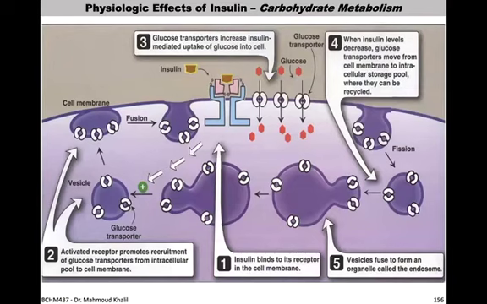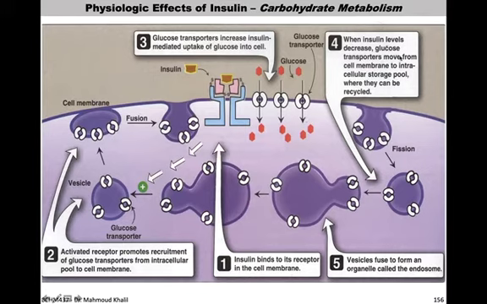Again, this figure shows the same process. You can see here, starting with the binding of insulin to the receptor, this binding leads to positive feedback towards the recruitment of the GLUT4 transporter into the plasma membrane, and upon fusion with the plasma membrane, the GLUT4 is ready for uptake and internalization of the glucose molecule.